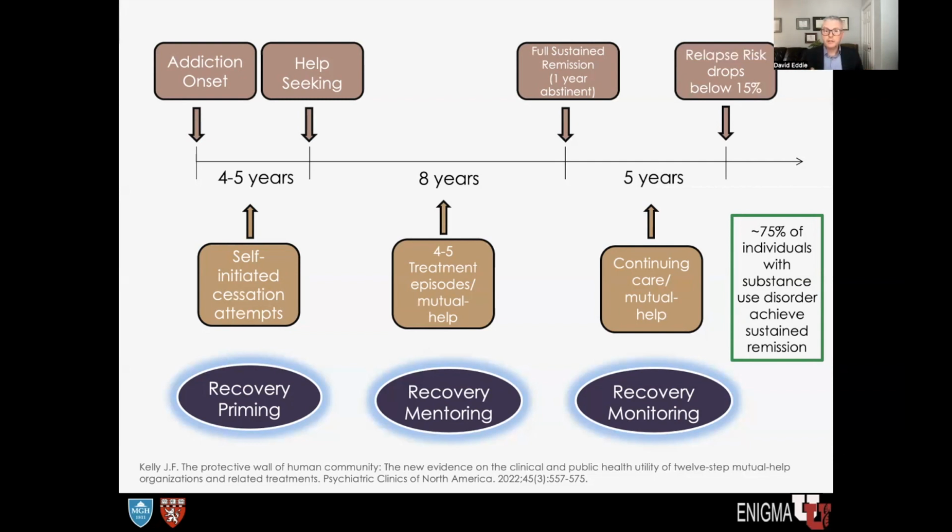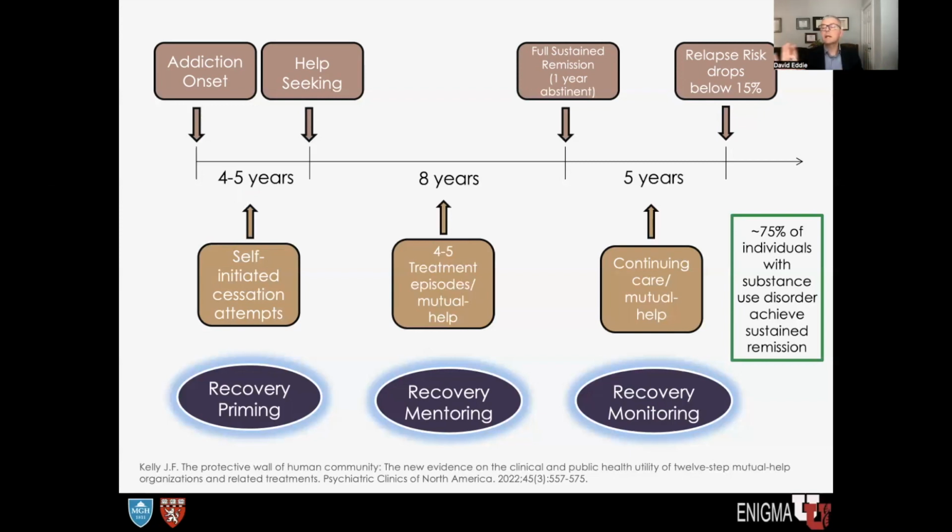Then on average, it takes 4 to 5 treatment episodes, formal treatment or mutual help engagement episodes, over 8 years on average for people to achieve 1 year of full sustained substance use disorder remission. Now, these are just averages. Some people get recovery in their first recovery attempt.